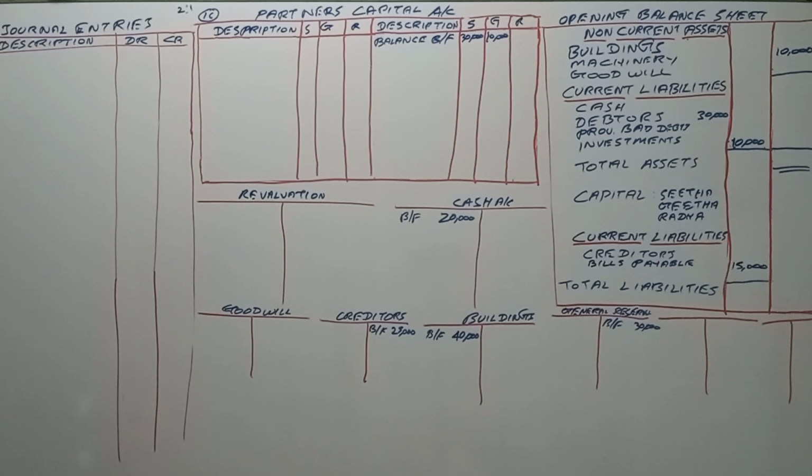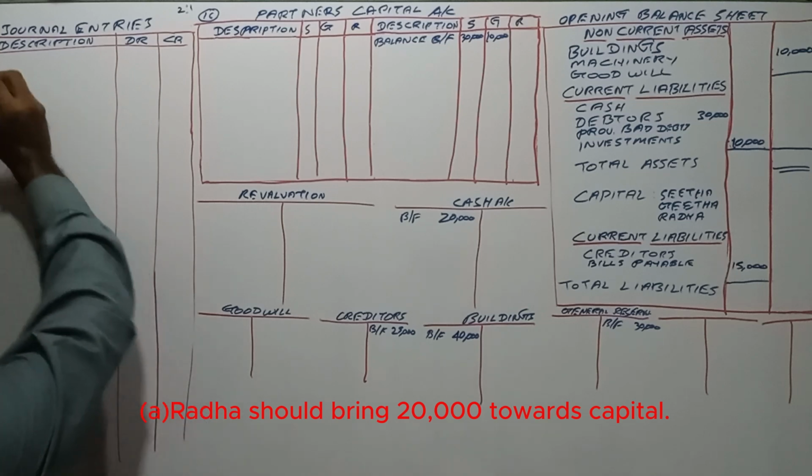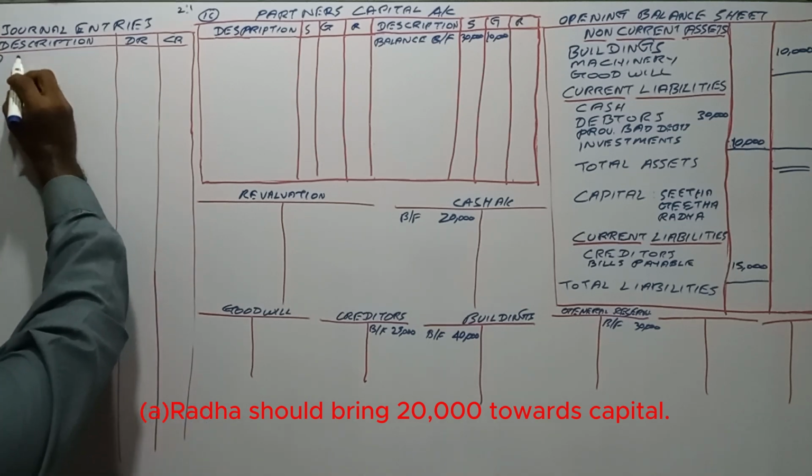On 1st April 2020, they decided to admit Radha into the partnership for 1/4 share of profits on the following terms. Radha should bring 20,000 towards the capital. First of all, capital brought by the new partner.